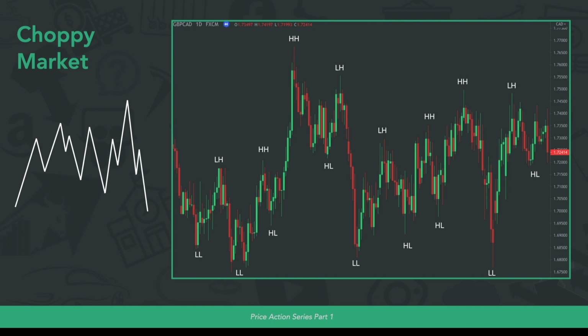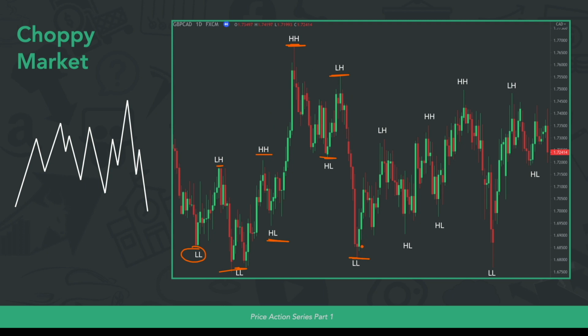So, let's have an example. As you can see in this chart of GBP/CAD, daily time frame, we're in a choppy market. Okay? So, we have a lower low, then lower low, higher low, then higher high. At this point, okay, maybe we're in an uptrend now, right? Because there was a higher high and we had a higher low. But then, what the market did was make a lower high, and then a lower low. So, is this uptrend over? Well, we hadn't even started.